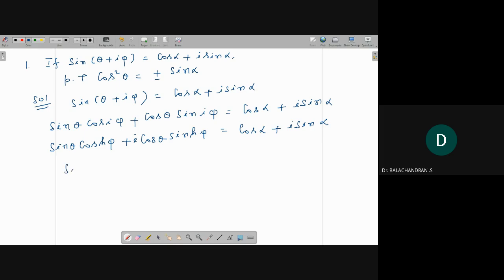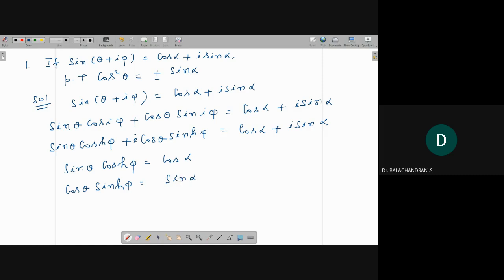On the left hand side, sin theta into cosh phi equals cos alpha. This is the real part on the right hand side. Similarly, the imaginary part on the left hand side is cos theta into sinh phi, which is equal to sin alpha.